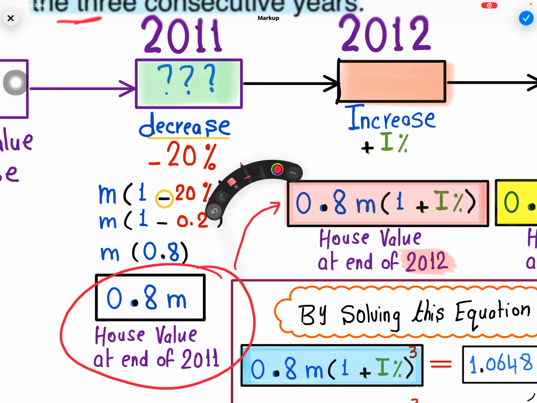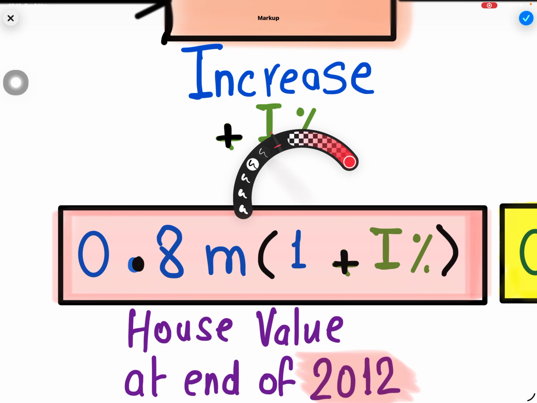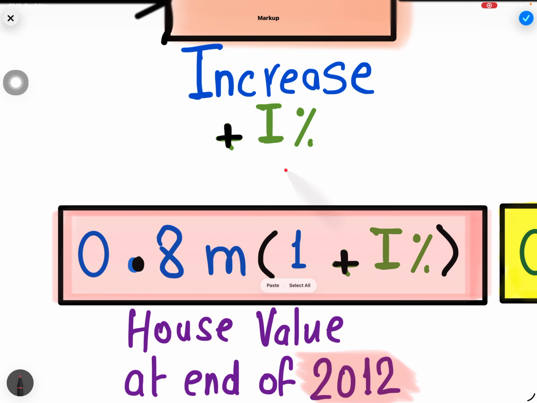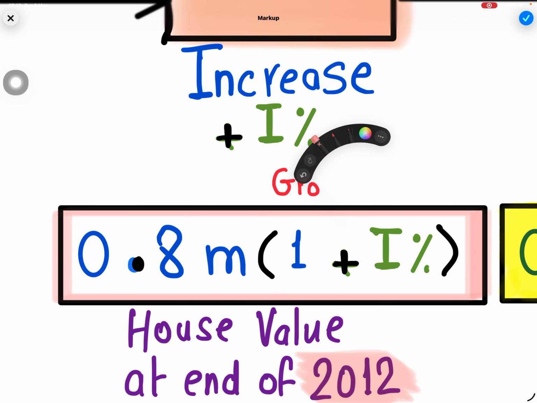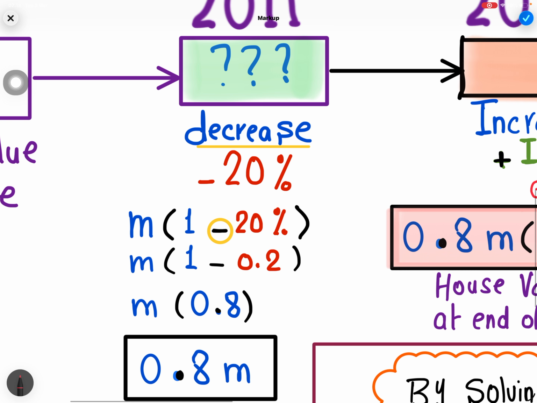What is the decay factor? It's not decay, sorry, it's increase, so it's the growth factor. So what is a growth factor? It's 1 plus, here now it's plus, not minus. Growth factor is 1 plus the percentage of increase. Here it's called the decay factor. In bracket, this bracket is called a decay factor.